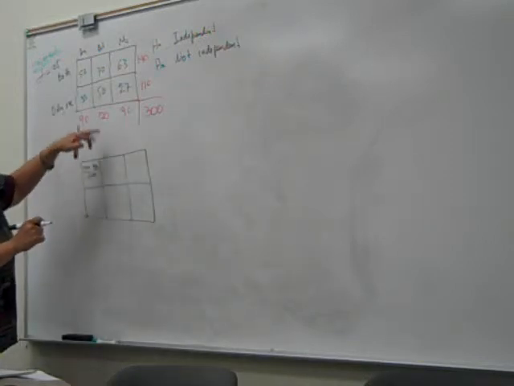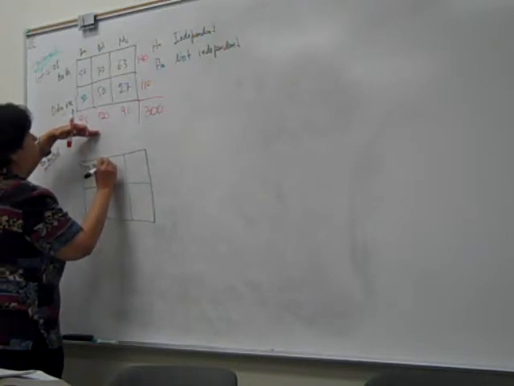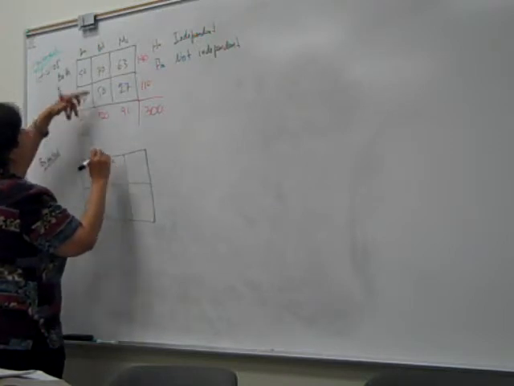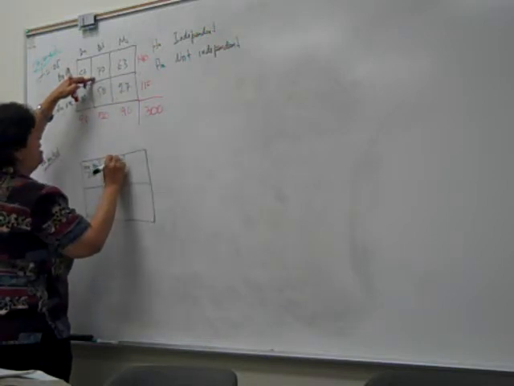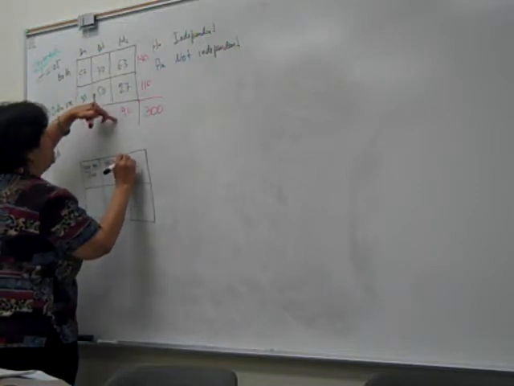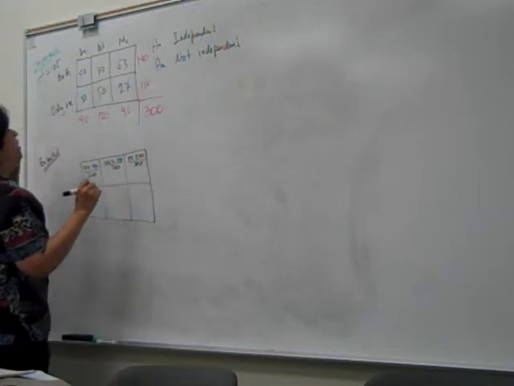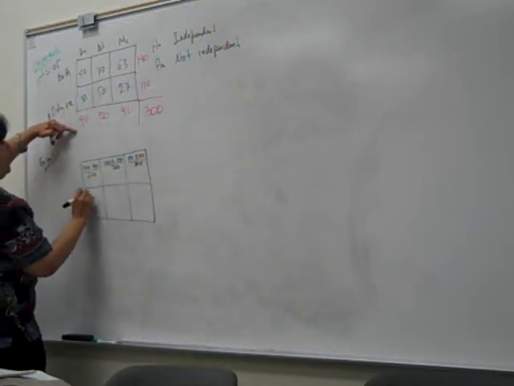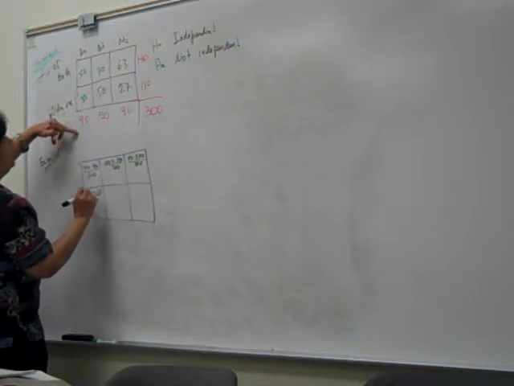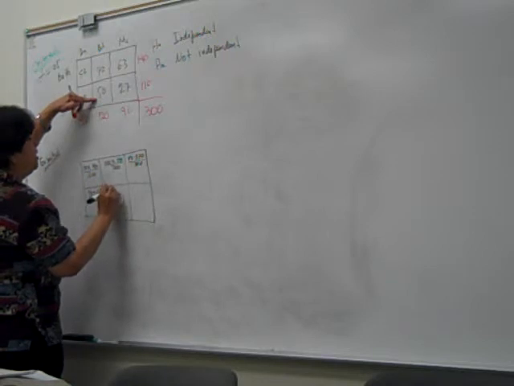For this one, it would be 120 times 190 divided by 300. For this one, it would be 90 times 190 divided by 300. For this one, 90 times 110 divided by 300. For this one over here, 120 times 110 divided by 300.